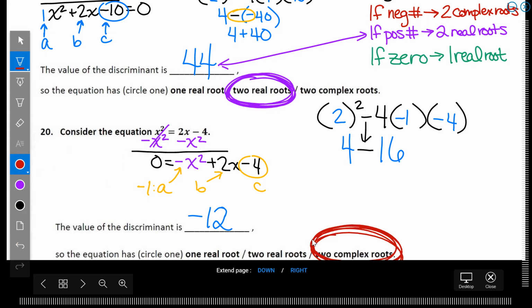Try number 21. Almost exactly like what we just did on 19 and 20. Try number 21 on your own.